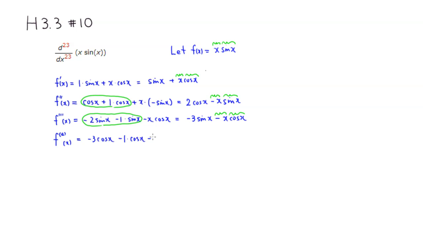And then negative x times the derivative of cosine, which is negative sine, so it's going to be positive x sine of x. By combining negative 3 cosine of x minus cosine of x, we're going to have negative 4 cosine of x, and then plus x sine of x.